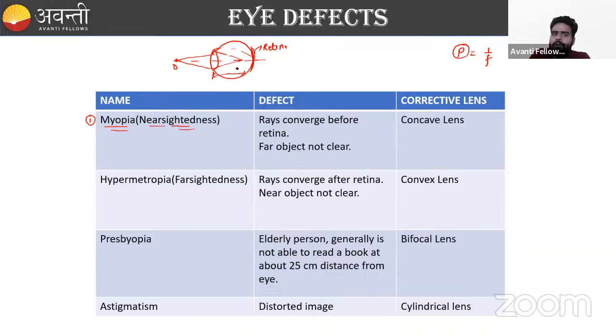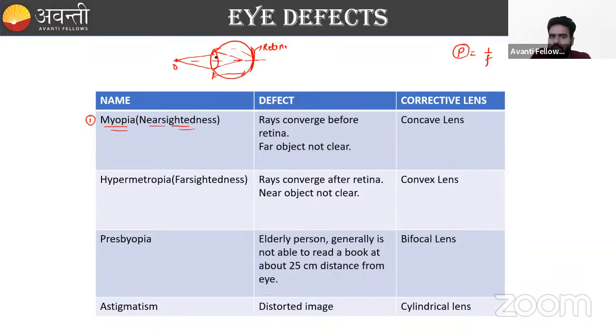And what do we have to do to correct this type of defect? What is the remedy? We use a lens of diverging nature, so that the ray converges later. If the ray converges before the retina, we have to use a diverging type of lens so that the ray meets at the retina.